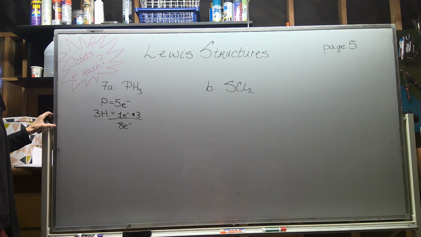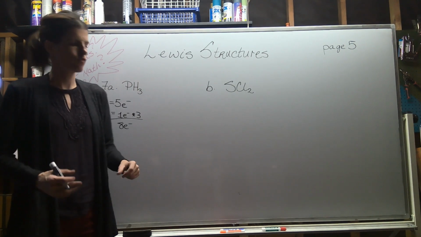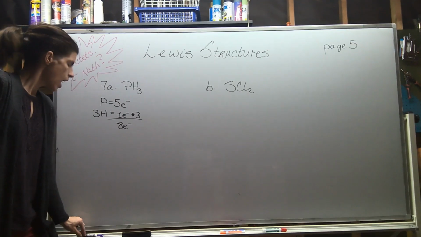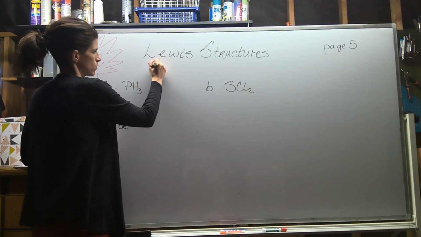Now I know I said to use the least electronegative as your central atom, but there's exceptions to everything in this section. And one of the main things is that hydrogen can never ever be a central atom. Hydrogen only likes to have 2 electrons.